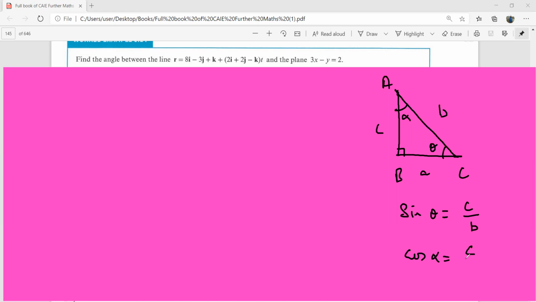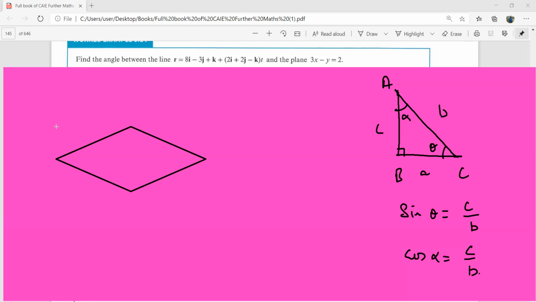Just remember this: sine theta is C over B, and this is the same as cos alpha, which is also C over B. Now I'll tell you how to find the angle between a plane and a line.